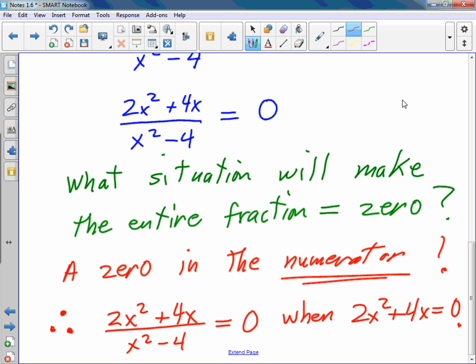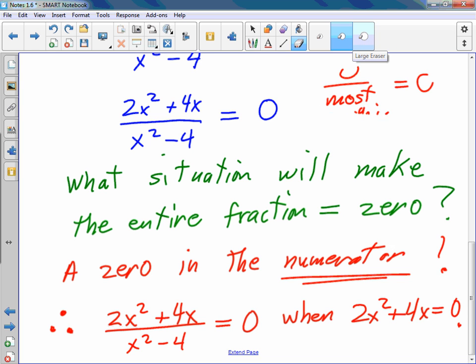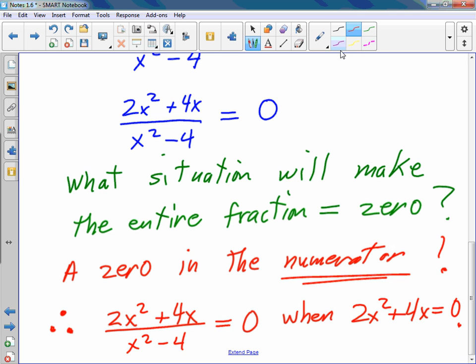Remember, 0 over most anything equals 0, yeah? Well, we'll talk about that in a bit. But most anything over 0, what's going on there?